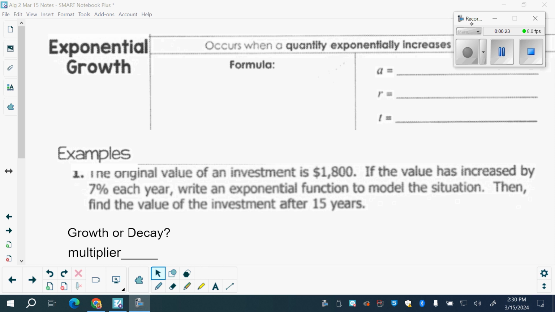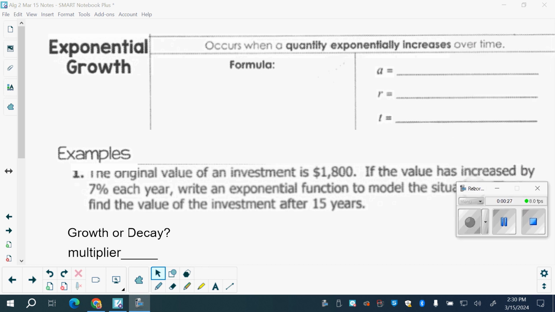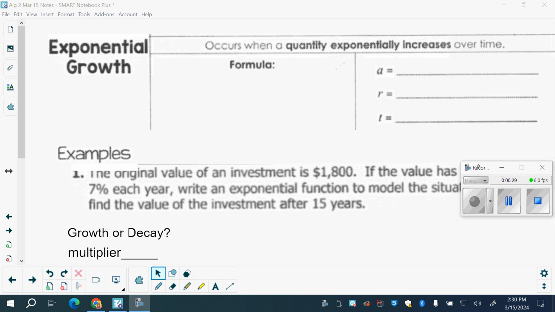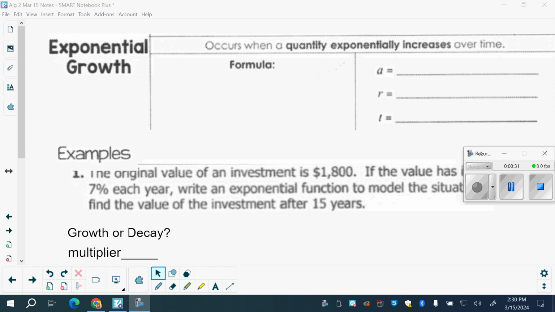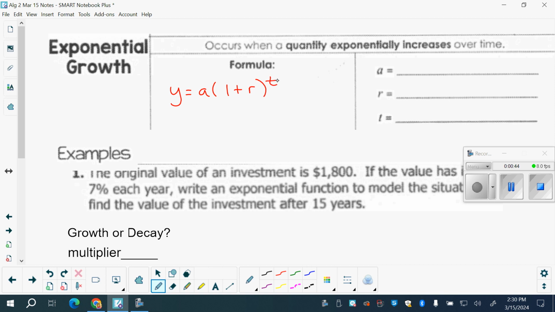So exponential growth occurs when a quantity exponentially increases over time. Our formula that we're going to use is y equals a times (1 plus r) to the exponent t.